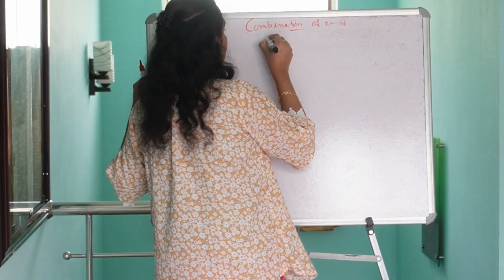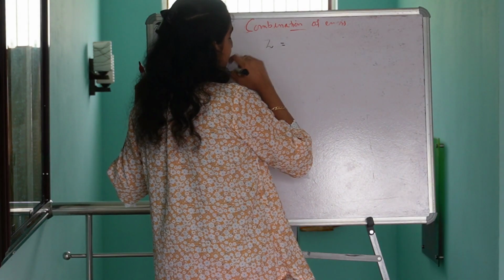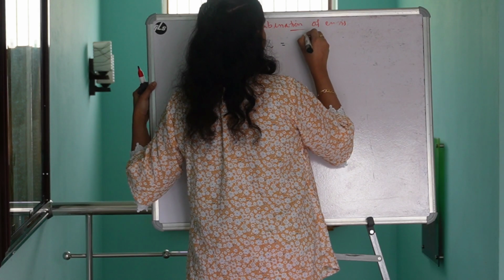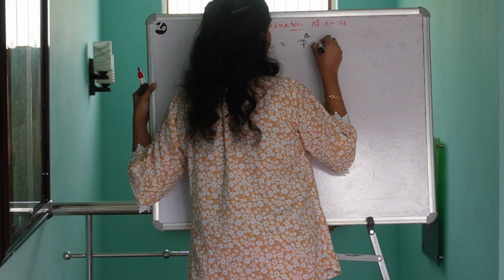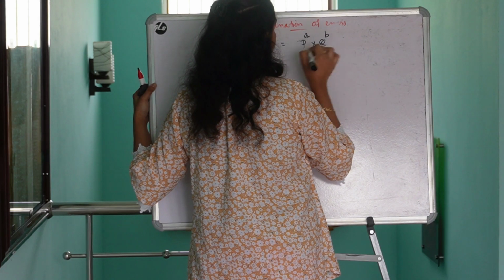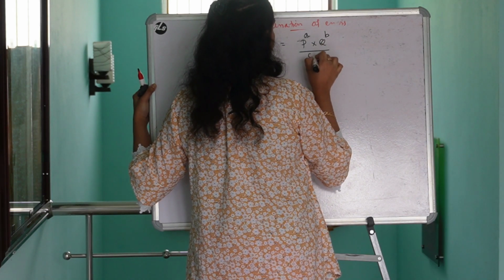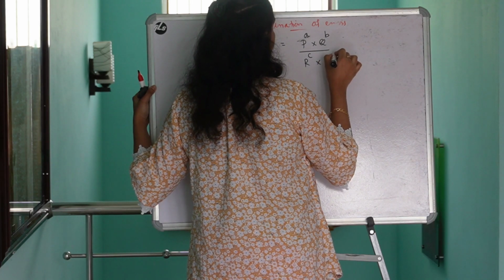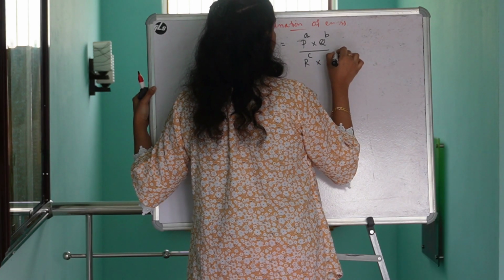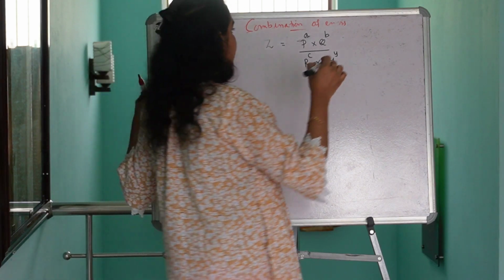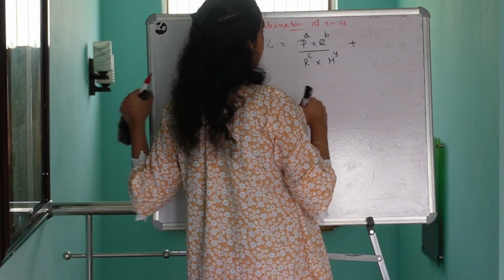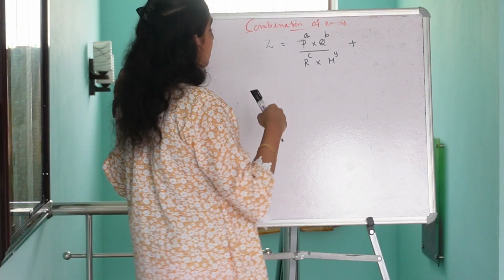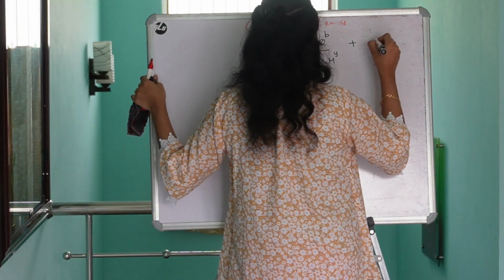Say for example, it is given Z is equal to P power A, Q power B divided by R power C into M power Y, plus or minus. Here I am using plus.